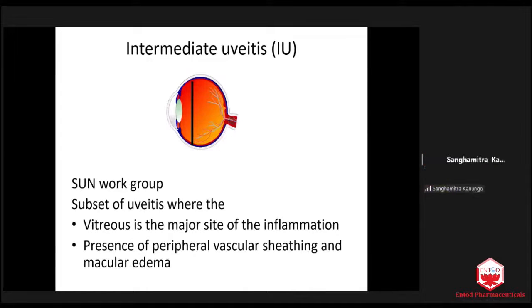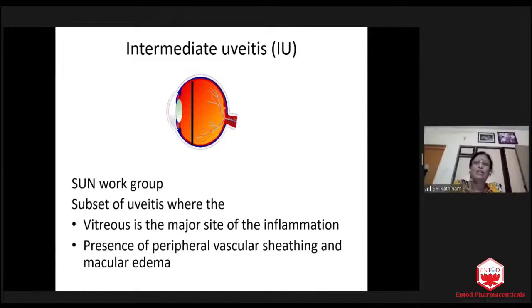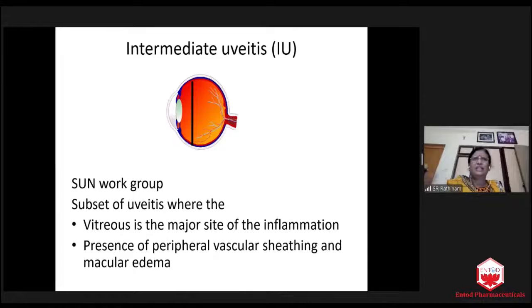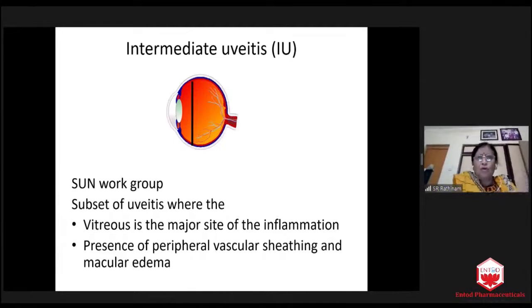Okay. So now intermediate uveitis is also a gray zone for students. They always have doubt whether to say intermediate uveitis or anterior uveitis, but there are a few very important points students should remember, either for examination or for their practice.